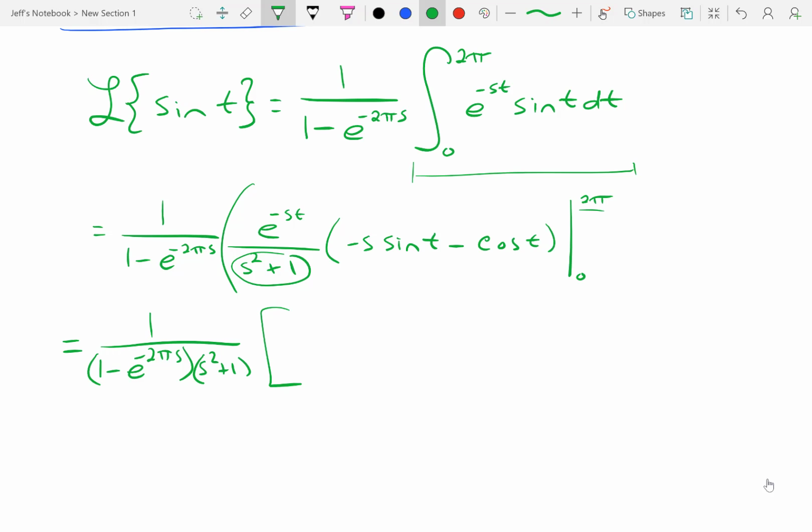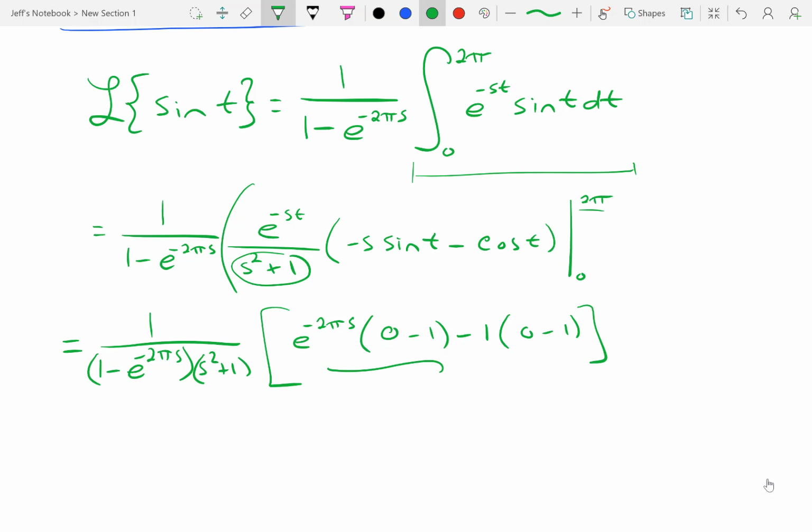All right, so if I evaluate that at 2 pi, I will get e to the negative 2 pi s times the sine of 2 pi is 0, the cosine of 2 pi is 1, and then I subtract what I get when I evaluate at 0, so that is going to be e to the 0, which is 1, times the sine of 0, which is 0, and the cosine of 0, which is 1, so minus 1.